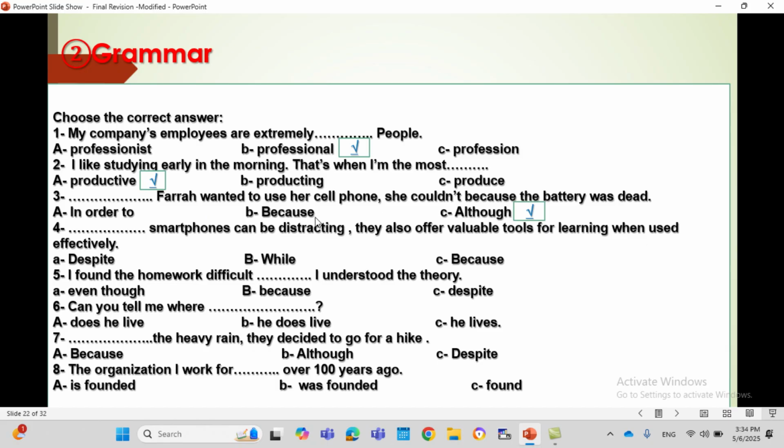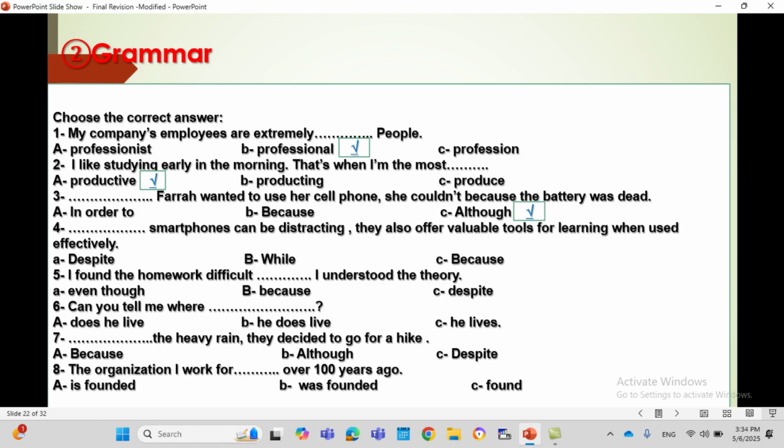We are not searching for a reason, so we do not use because. We are not searching for a result. The relation between the two clauses is a contradiction. That's why we use although. There is another word which has the same meaning, which is even though. Although and even though have the same meaning.